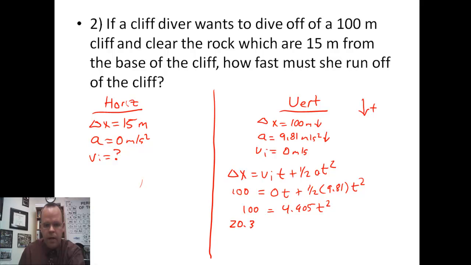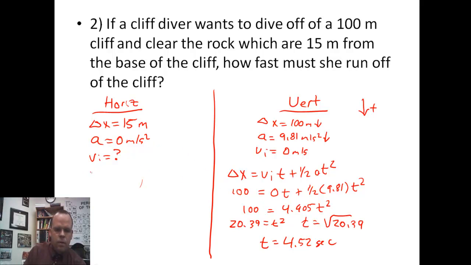So 20.39 equals t squared. T equals the square root of 20.39. We get 4.52 seconds. So we now know it's going to take 4.52 seconds for this cliff diver to hit the water. So that will be the same time here.